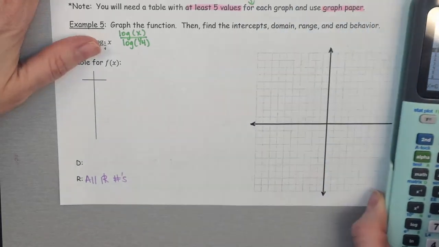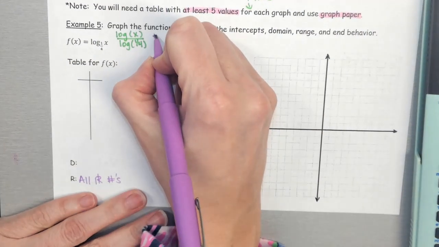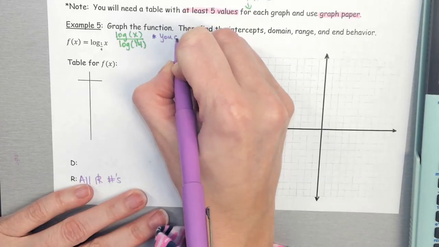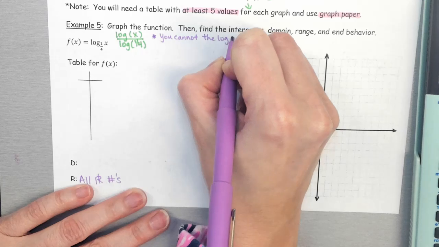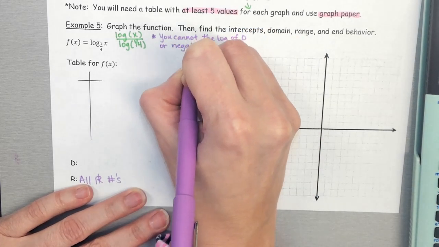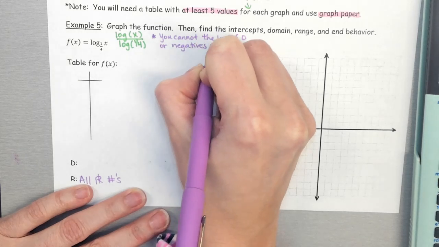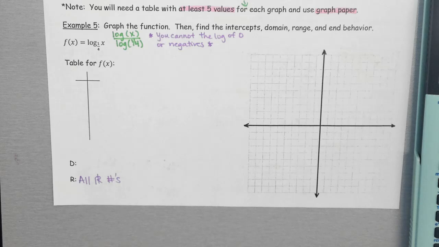That's because when you are doing a log, you cannot take the log of 0 or negatives. And if you think about it, that makes sense, because if you plug in a negative as an exponent, remember, it doesn't make it negative, it makes it a smaller fraction.